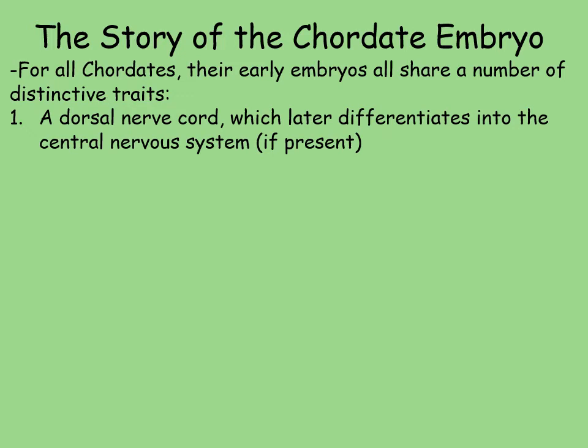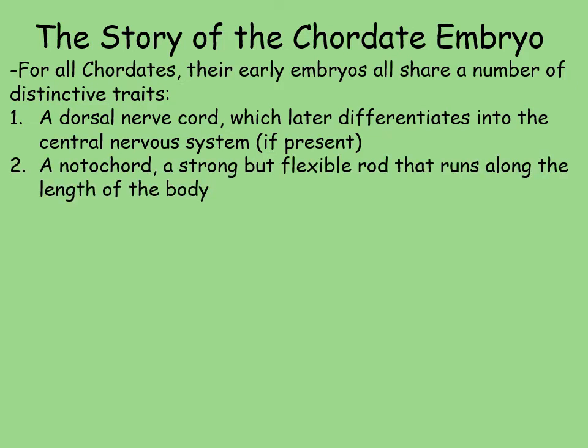There are some other animal groups that have a ventral nerve cord, so it is specific here that it's a dorsal nerve cord. And this nerve cord, which starts off as just a tube of nervous tissue, later on differentiates into the central nervous system.